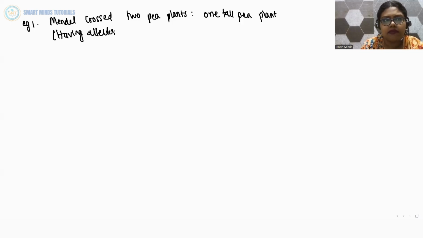So example 1 is Mendel crossed two pea plants. One tall pea plant having alleles capital T, capital T. Homozygous for tallness.